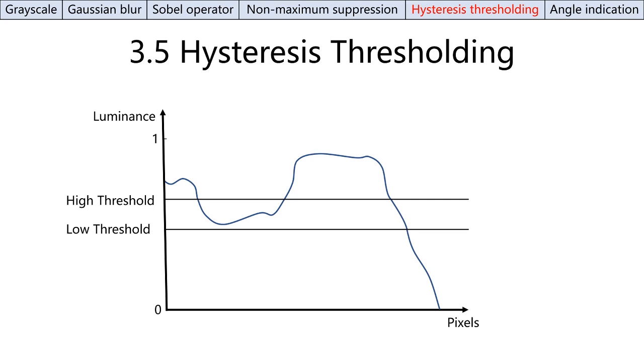The pixels below the low threshold are automatically set to 0, and the pixels above the high threshold are set to 1. 1 represents white, the same as 255. Then we only need to deal with the pixels between the two thresholds.